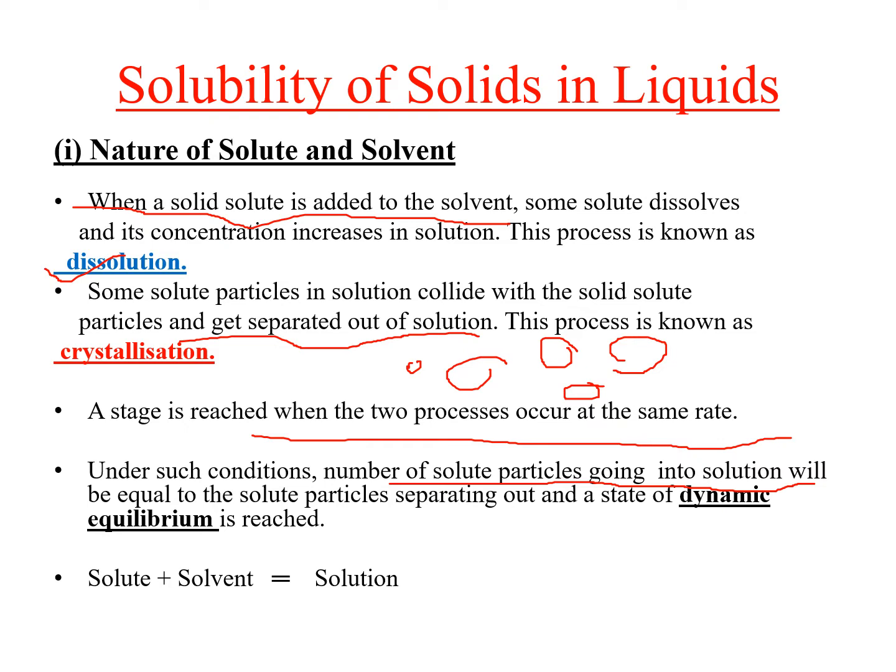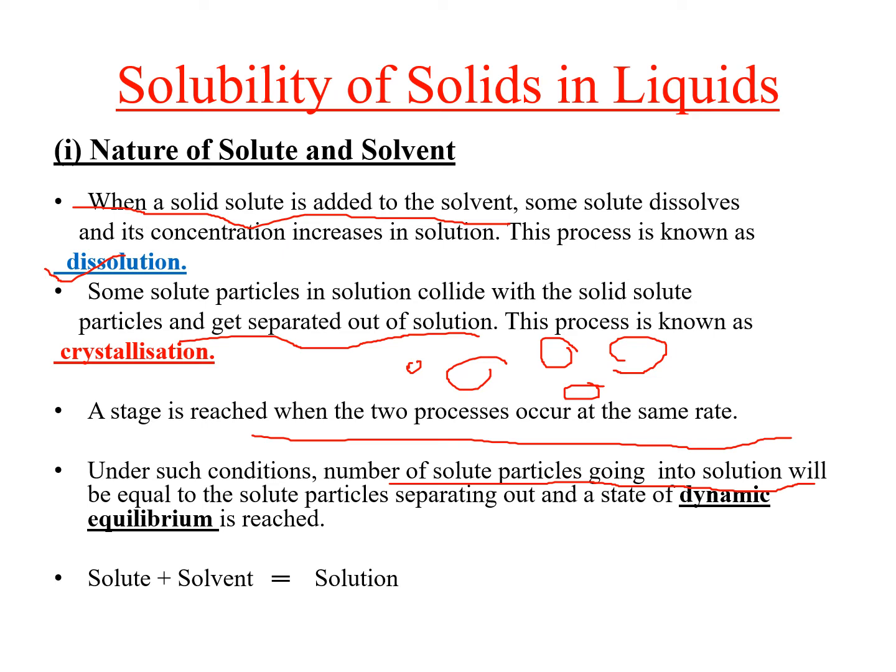It means the number of solute particles you are adding equals the number of particles which get separated out and crystallized. Both processes have the same rate, and that state is known as dynamic equilibrium.